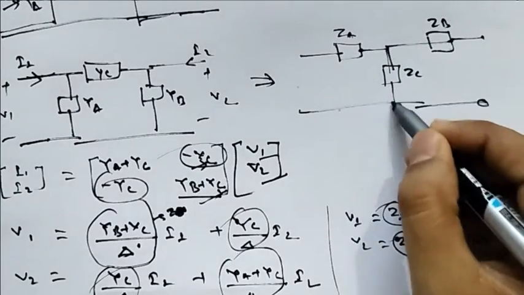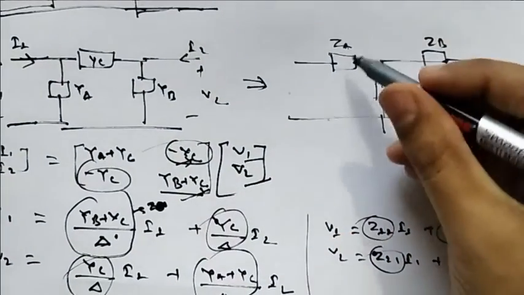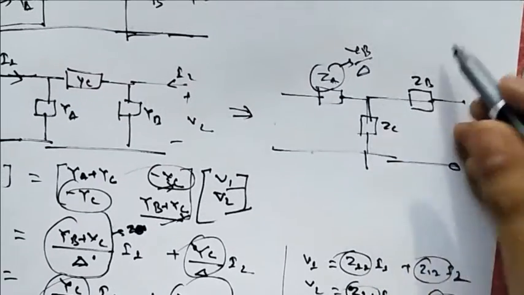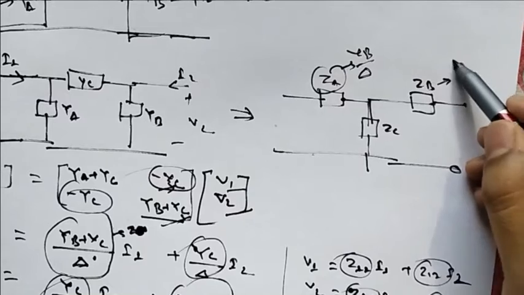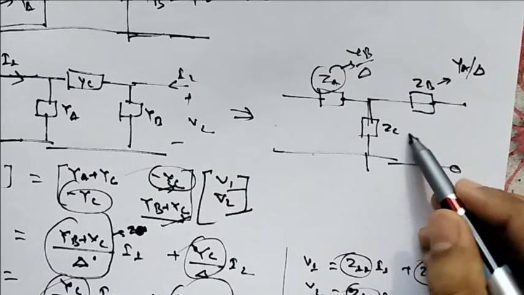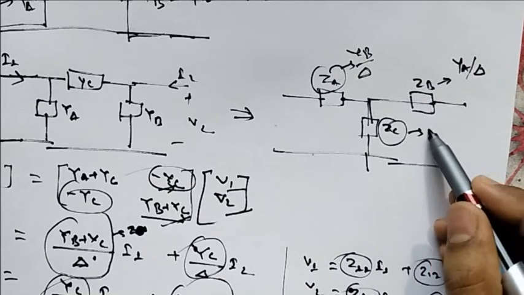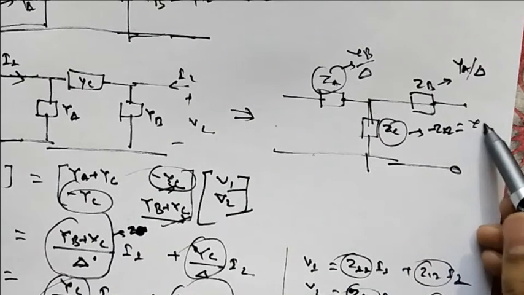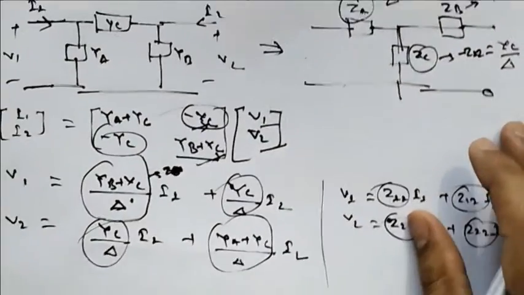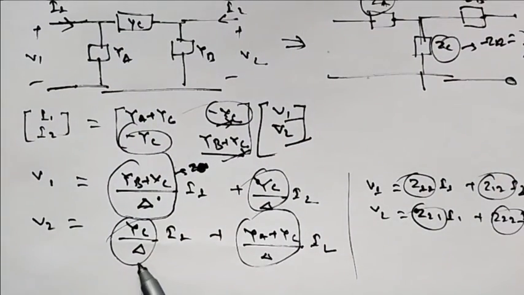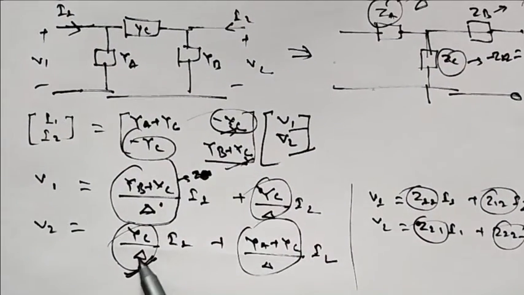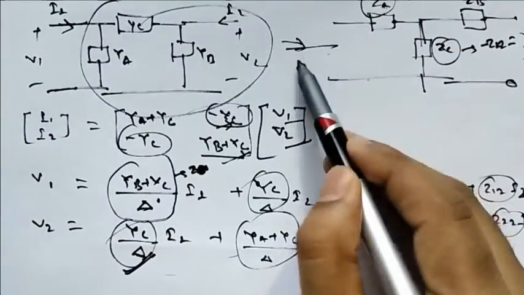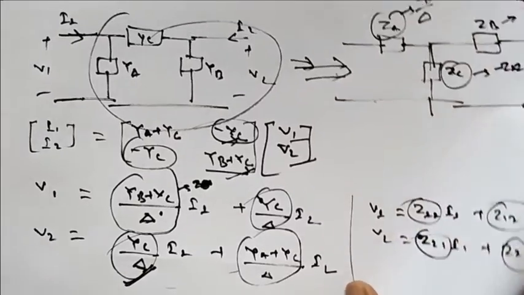Then from here it can be easily done, that za will be nothing but yb by delta, and zb will be nothing but your ya by delta, and zc is equal to minus z12, so this will be your yc by delta. From these two equations, we can directly convert pi to T network very easily.